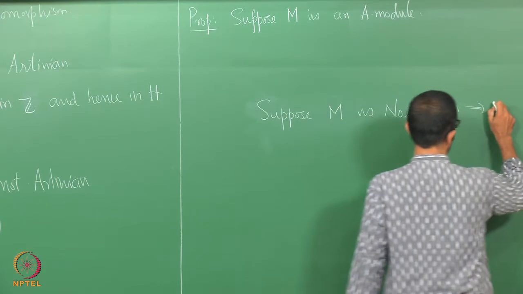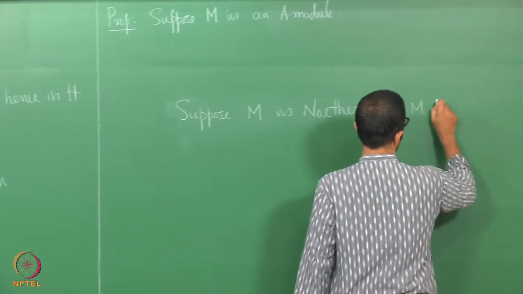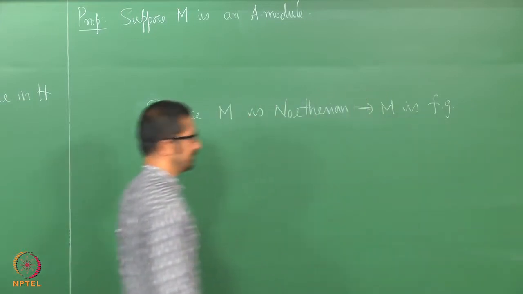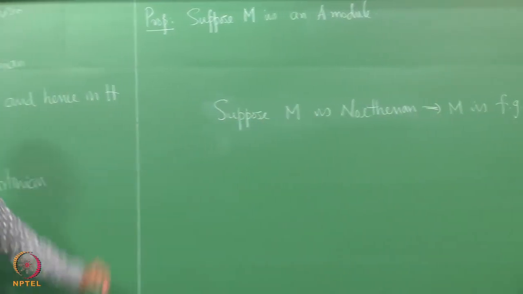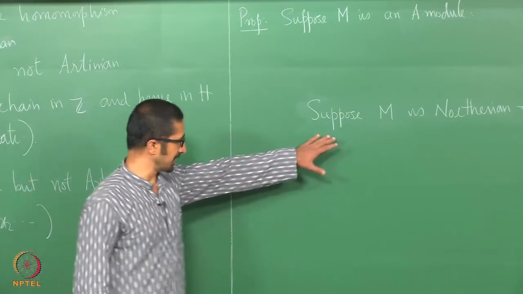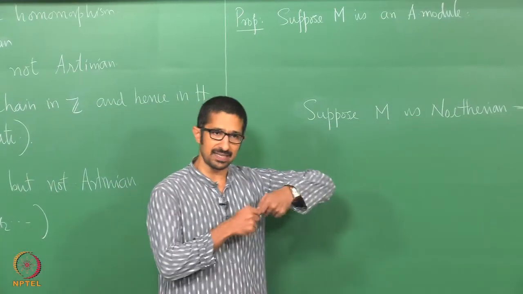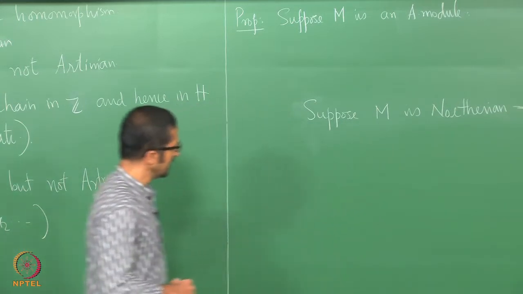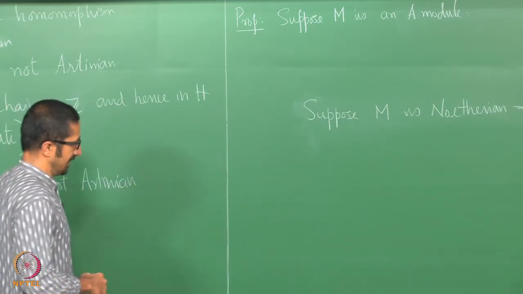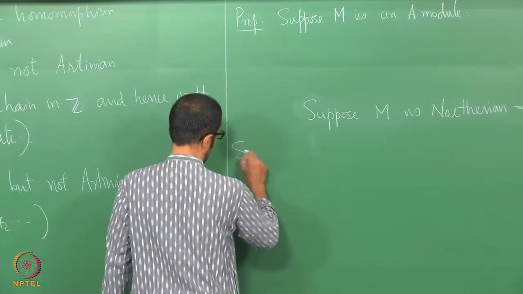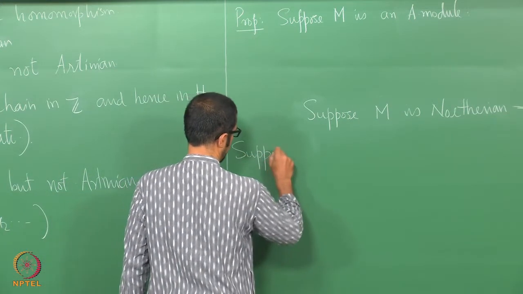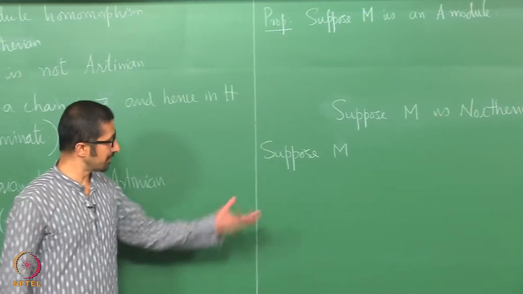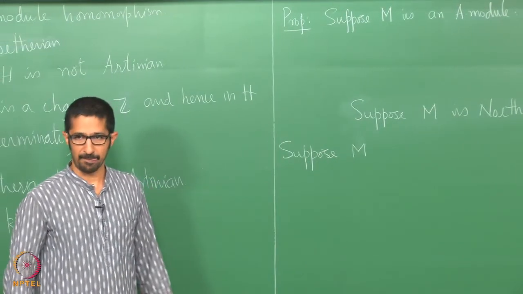That implies that M is finitely generated. That is what we showed just now. And if it is not finitely generated, then there exists an infinite chain. Now we are trying to see if it is if and only if.